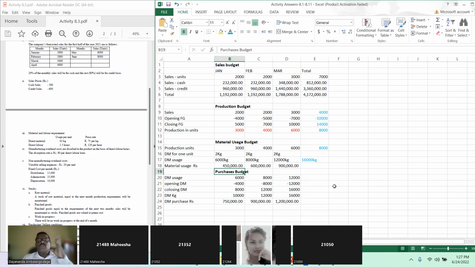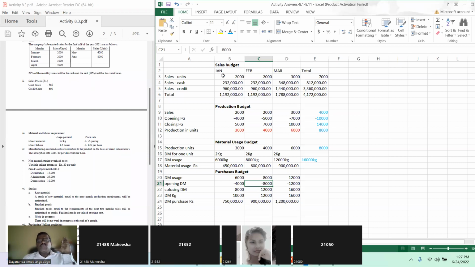Remember that out of these 4 budgets, when you look at the cash flow or the cash budget, sales budget and the purchase budget will have an impact on cash. Production budget and material usage budget have nothing to do with the cash budget.